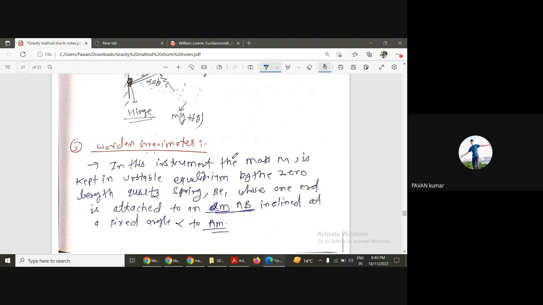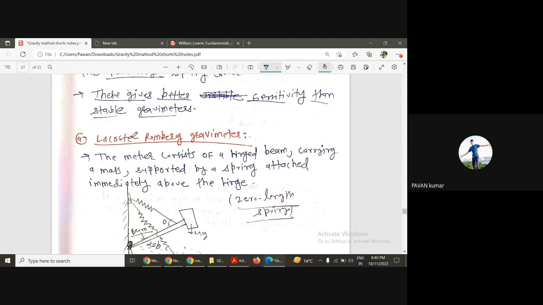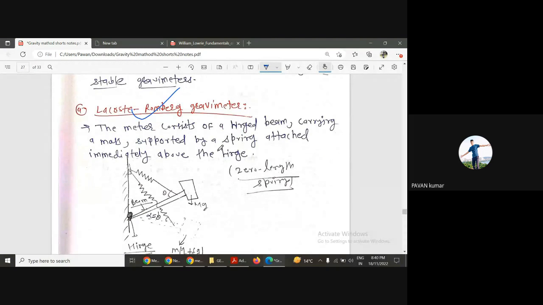In the Worden gravimeter, we can automatically compensate for temperature, but generally the LaCoste-Romberg gravimeter is used, which is also used in marine and airborne surveys. The LaCoste-Romberg gravimeter has some disadvantages, like it does not compensate for temperature during the early morning and afternoon. These are some basic advantages and disadvantages.